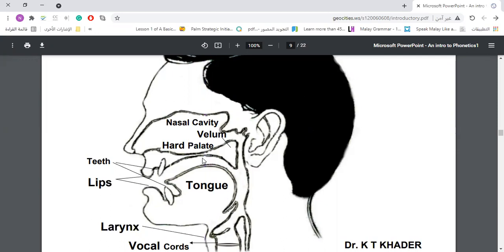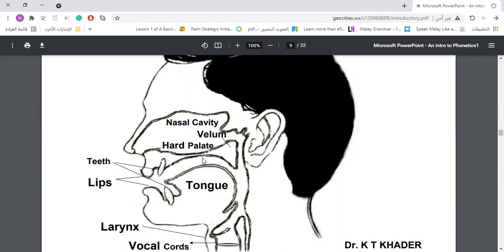We will explain the place of articulation and the manner of articulation later on. And we also have the third feature, which is voicing, whether the sound is voiced or voiceless. We will explain that, inshallah, in detail later.